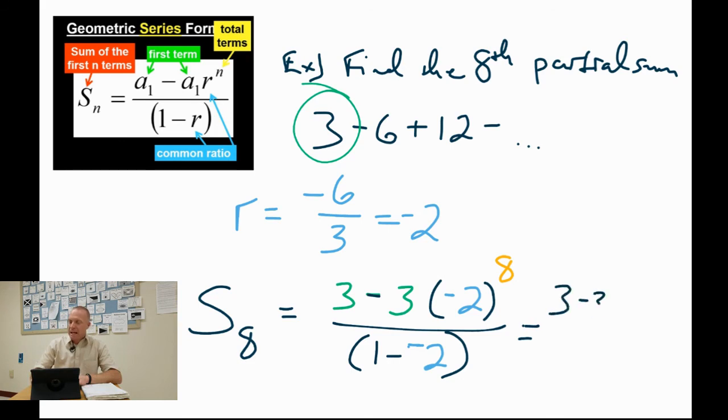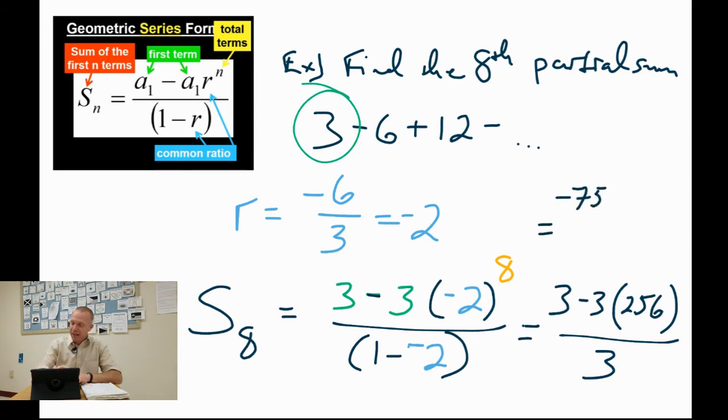I like to do the exponents first so that students can see that you end up with positive 256. Also like to do the parentheses in the denominator so students can see that you end up with the number 3. Kind of interesting here because you could cancel the 3's if you want to, or you could just do the math and find out that the numerator is 765, and when you divide that by 3, you end up with negative 255.